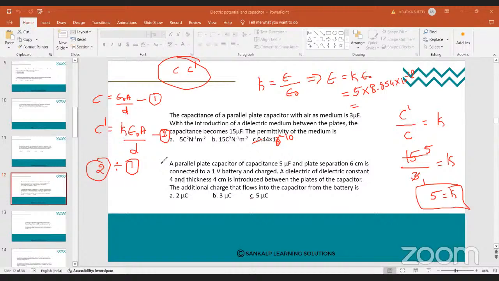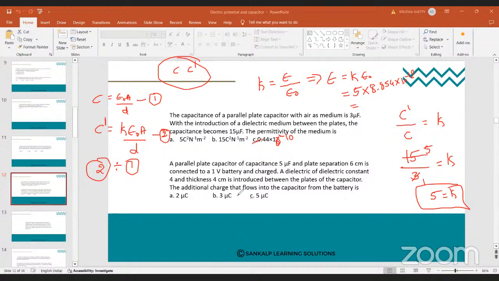See, next question. A parallel plate capacitor of capacitance 5 microfarad and plate separation 6 centimeter is connected to a 1 volt battery and charged. A dielectric of dielectric constant 4 and thickness 4 centimeter is introduced between the plates of the capacitor.